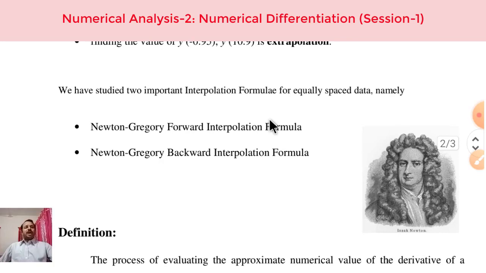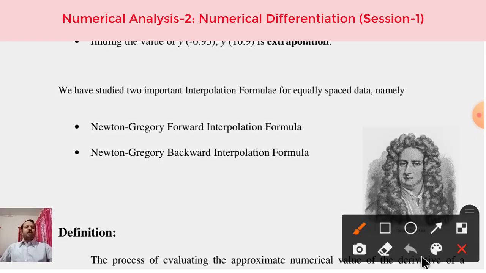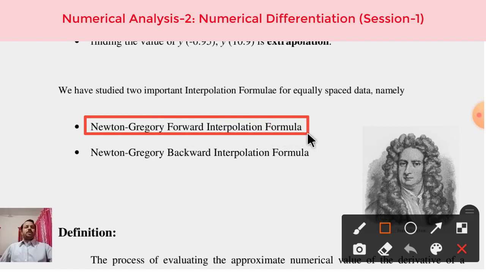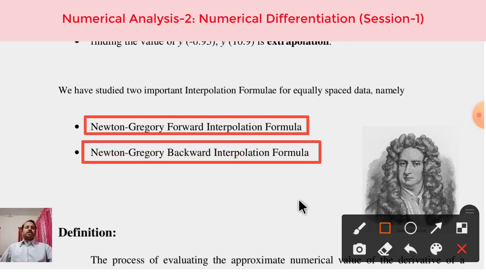Now we have two important interpolation formulae. They are Newton's forward interpolation formula and Newton's backward interpolation formula.